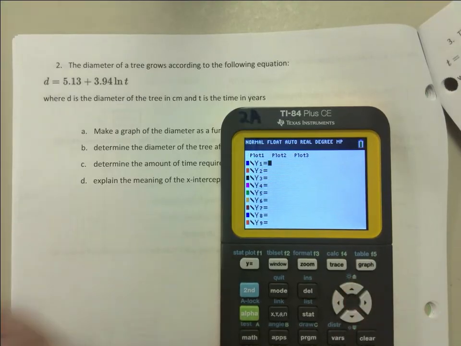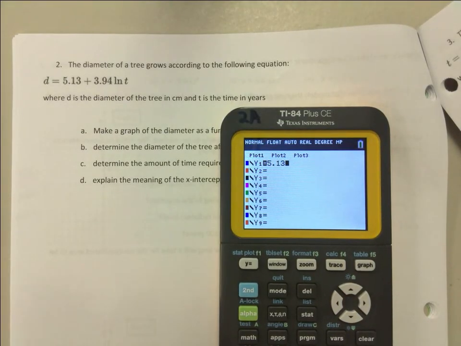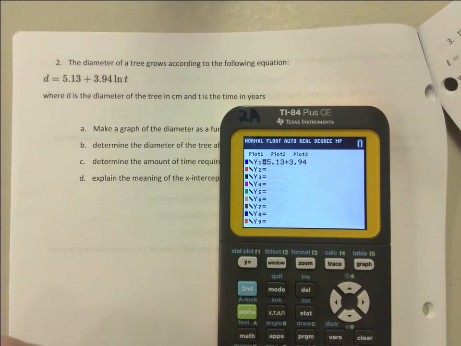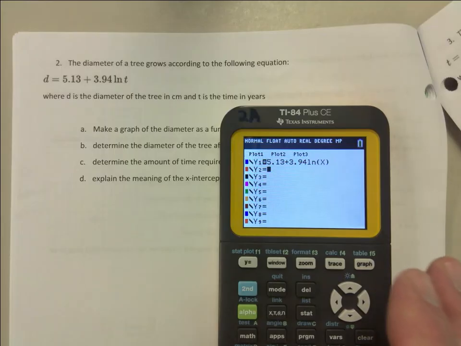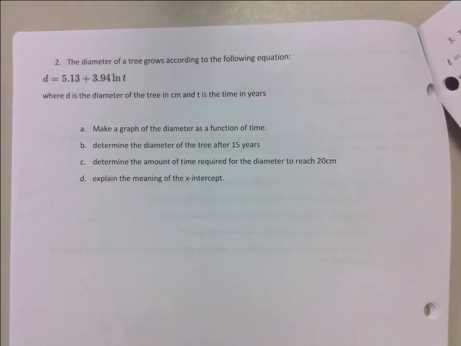Before we even read the question, I'm just going to ask you to type that in. It's natural log. Natural log. And so for now, I'm just going to leave it there and read this.